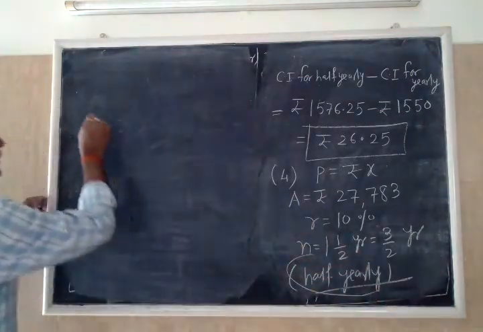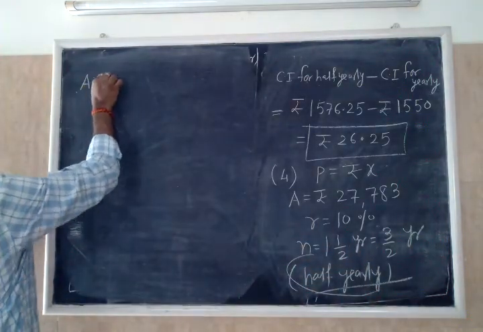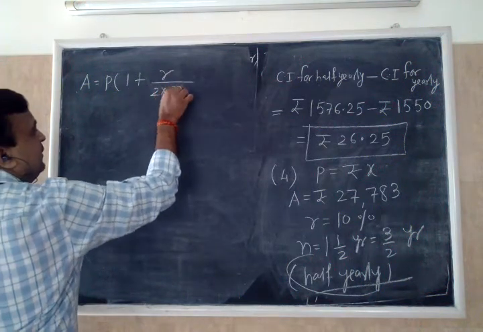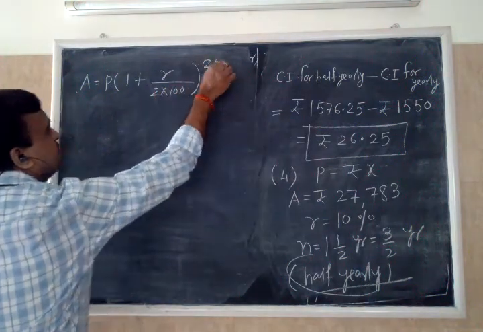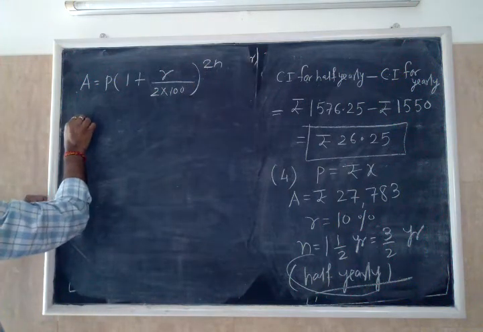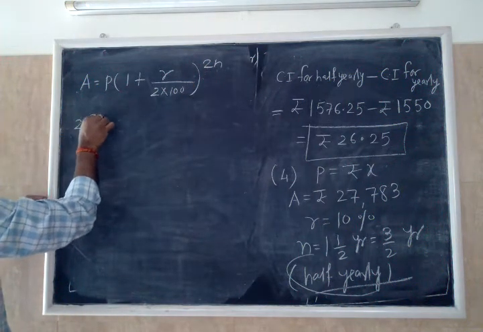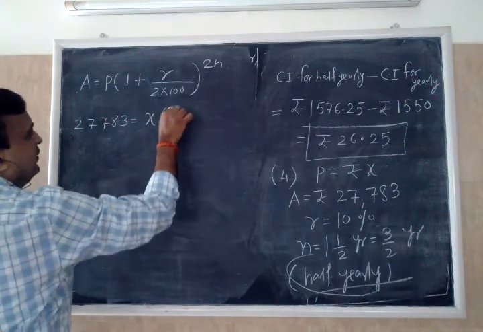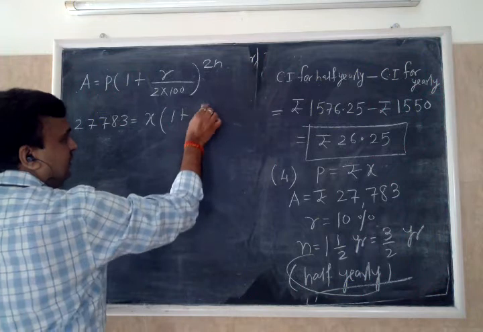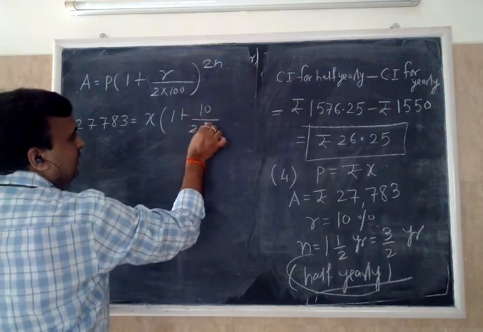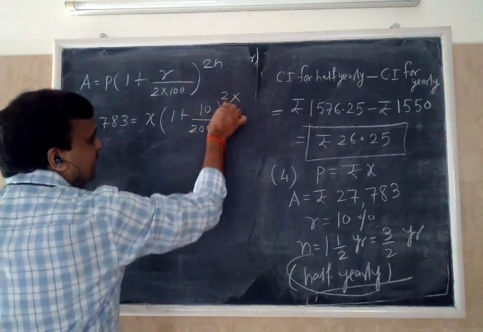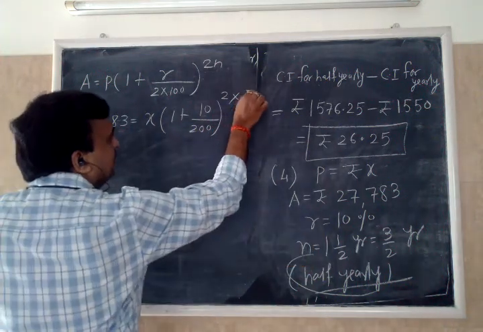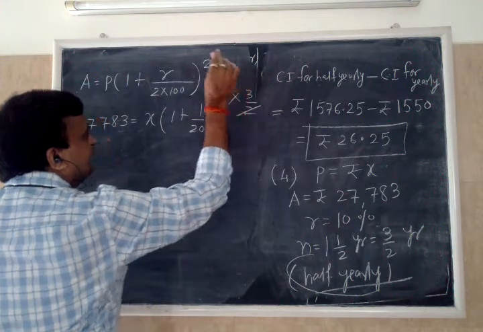So directly use the formula A is equal to P into 1 plus R upon 2 into 100 raised to 2n. So A is given, 27783 is equal to P, P is x, into 1 plus 10 upon 200 raised to 2n. And what is n? n is 1.5, which means 3/2. So 2 gets cancelled.